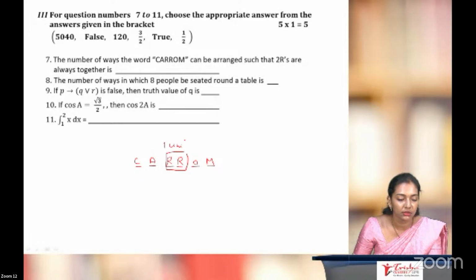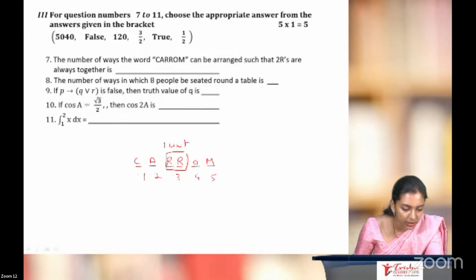How many are there now? 1, 2, 3, 4, 5. Among them only you need to arrange. So nothing but 5P5, or 5 factorial. No letters are repeated. So 5 factorial, that is 120 ways.